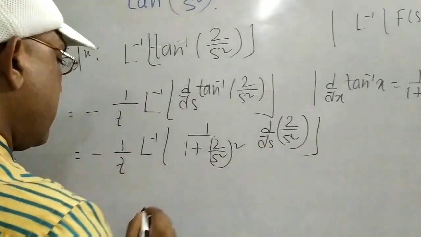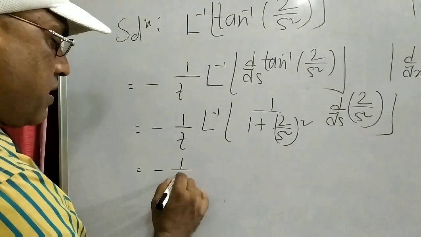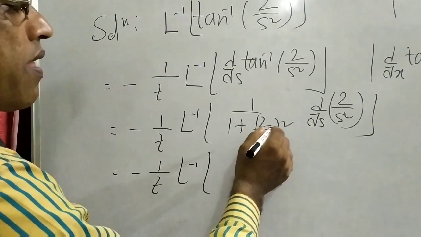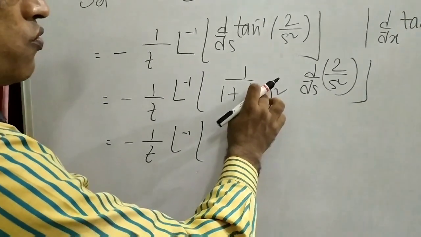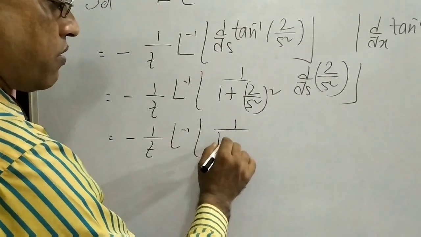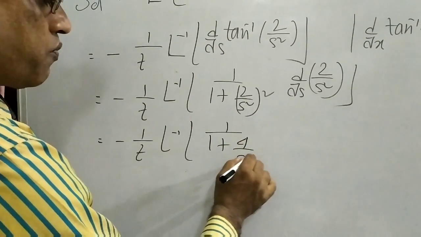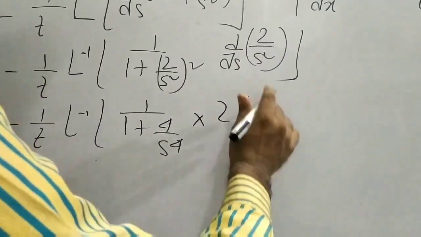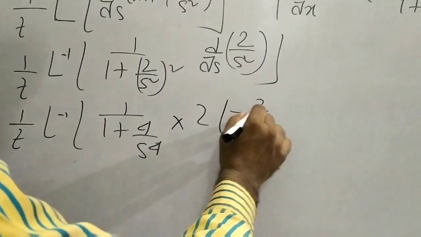Now minus 1 by t, this will be, this is 2 by s to the power 4 in the denominator, then 1 by 4 by s to the power 4, and 2 is outside, the derivative of 1 by s square means 2 by s cube.